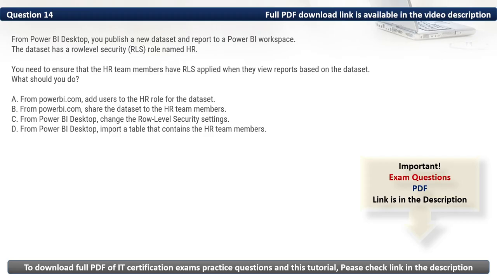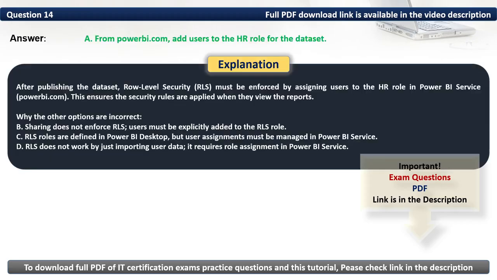And then we have D, from Power BI Desktop, import a table that contains the HR team members. RLS does not work by just importing user data. It requires role assignment in Power BI service. As such, we should, from powerbi.com, add users to the HR role for the dataset. Thus, the correct option is A.